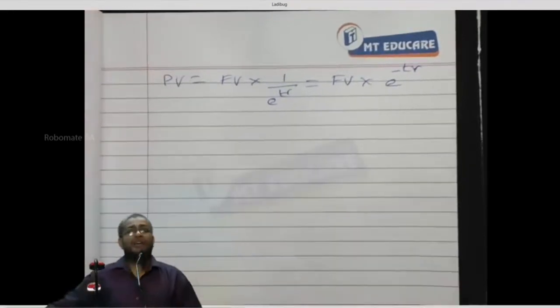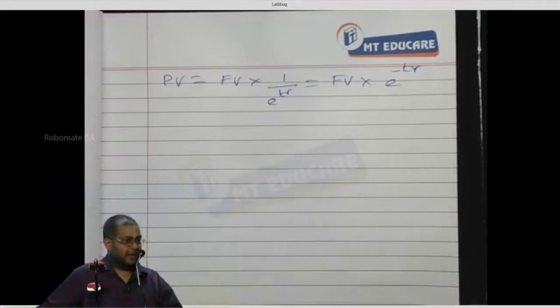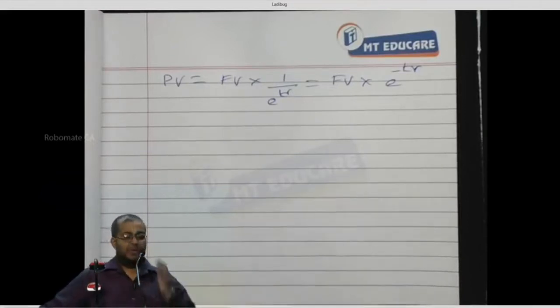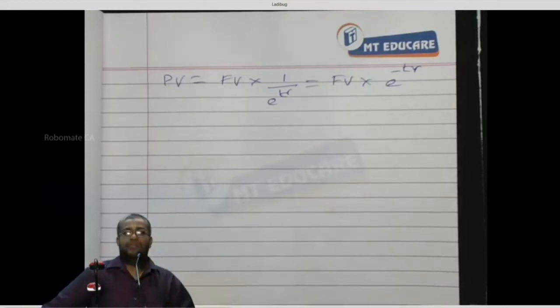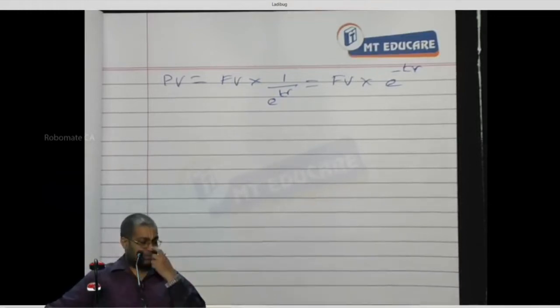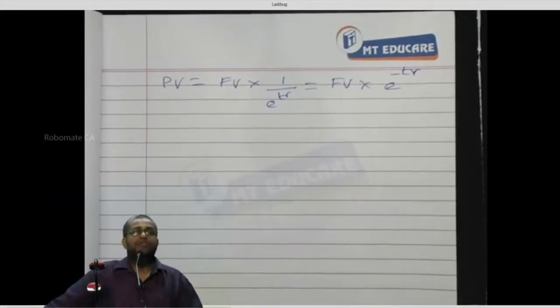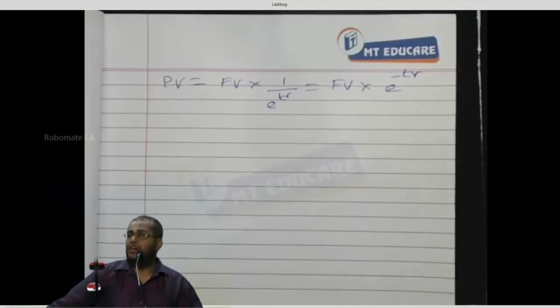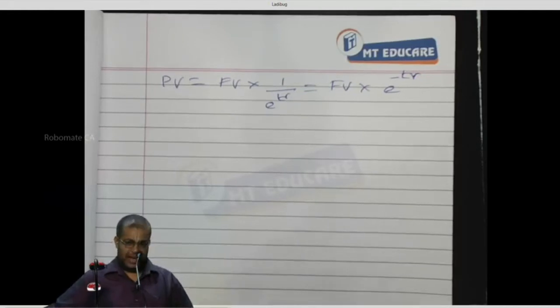Write down, next: continuous discounting. Mr. X requires a maturity value of 1 lakh after 1 year.